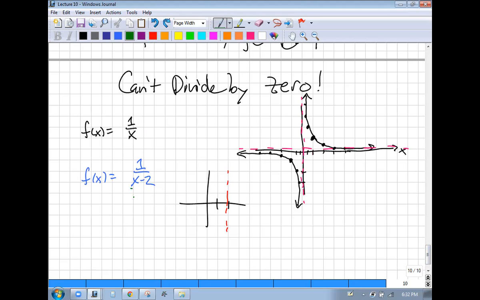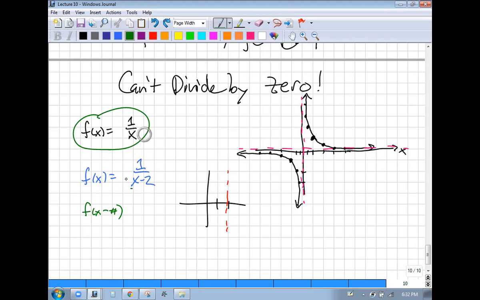Yeah, that's part of your transformations. If you know what f of x looks like, then you know what f of x minus a number looks like. So that's what this is. This is exactly this function where I replaced x with x minus 2.